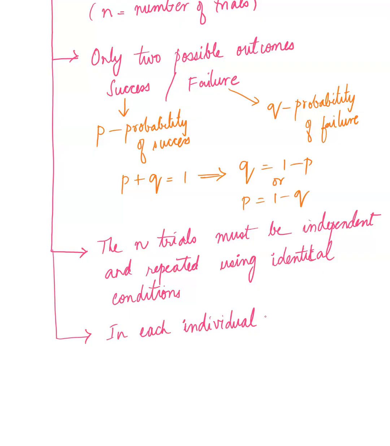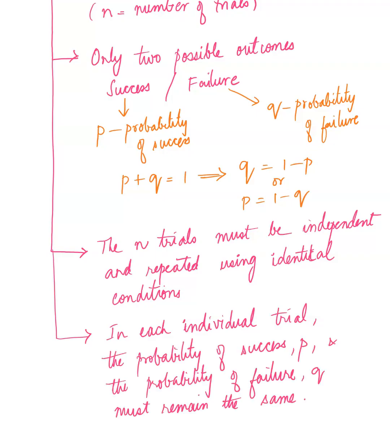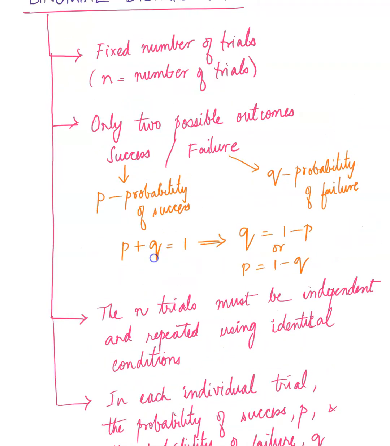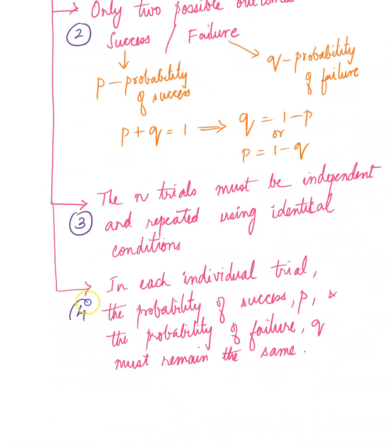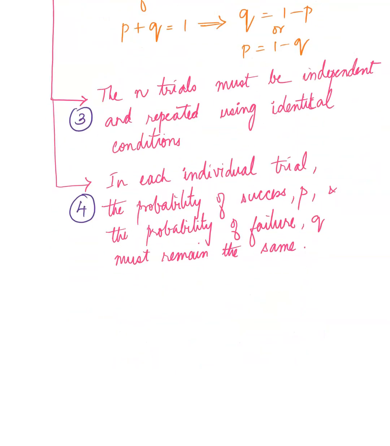All those things can change the outcome of the other because they were dependent. But here, because they're independent, in each individual trial, the probability of success P and the probability of failure Q must remain the same. Therefore, we really want to be very, very particular about binomial distribution. You always want to check if these conditions are satisfied. So condition number 1, number 2, number 3, and number 4. Again, as I mentioned, number 4 is redundant, but it doesn't hurt us to check it explicitly.